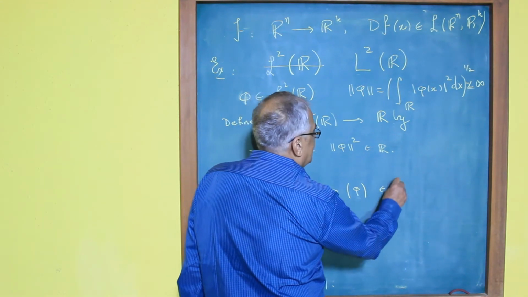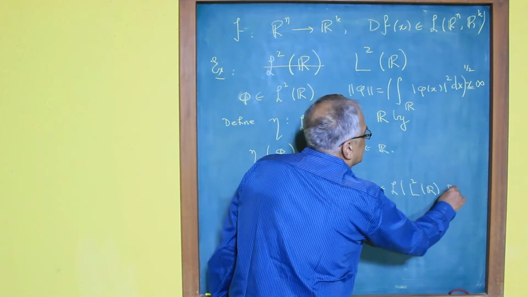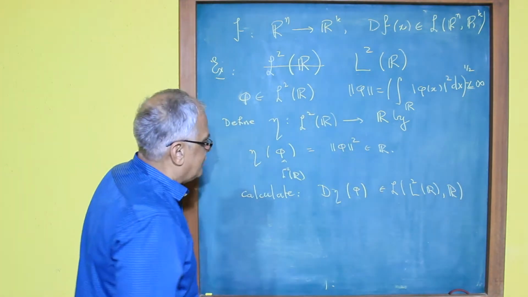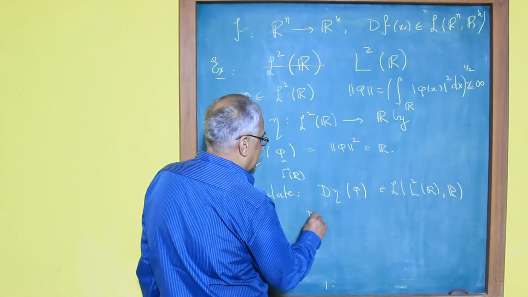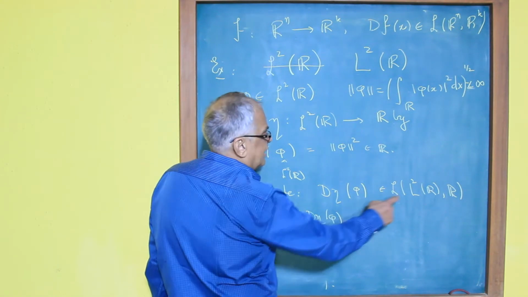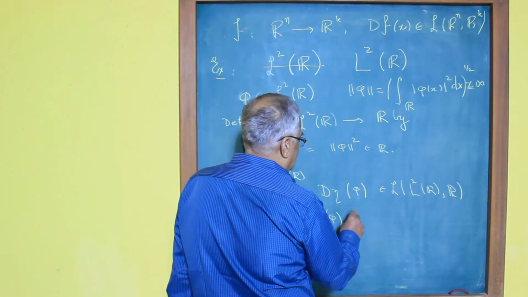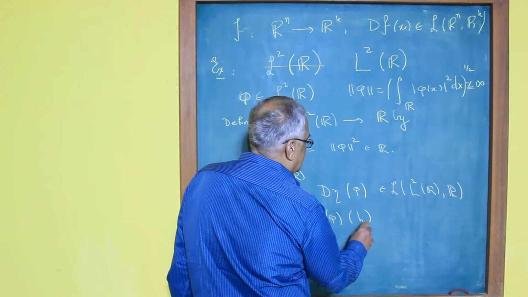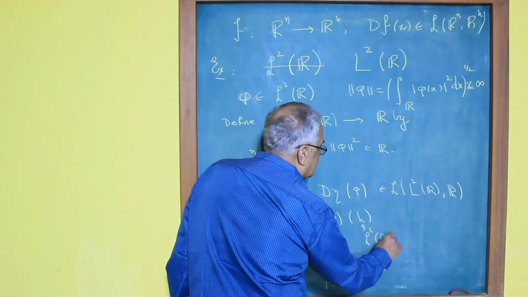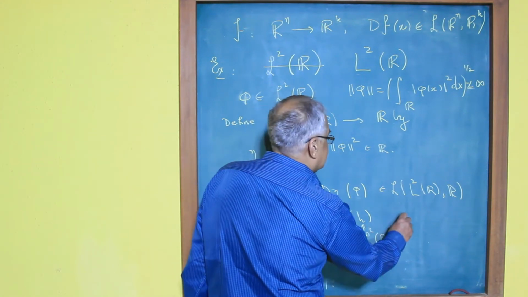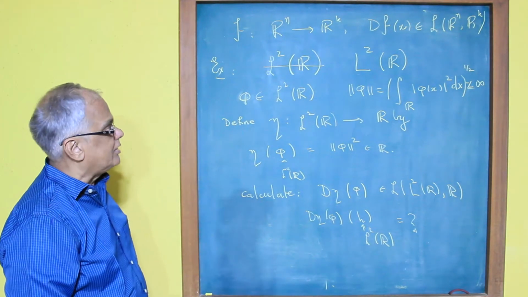This should lie in linear maps from L2 of R to R. And therefore you should be able to tell me what the derivative of eta evaluated at phi is at some point in L2 of R. So I'm going to take one particular function in L2 of R. Let me take this h. Where is h? h is in L2 of R. So what is this equal to? And it should be linear in h. And is it a continuous map?